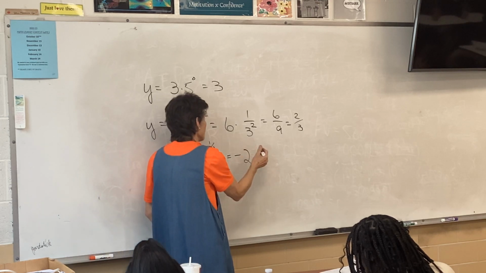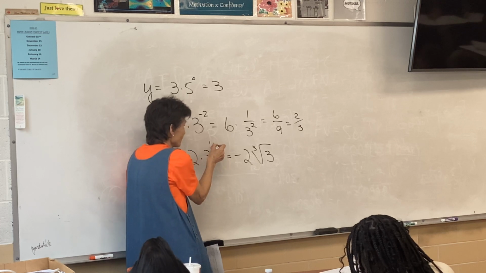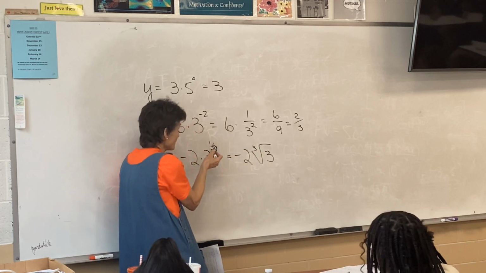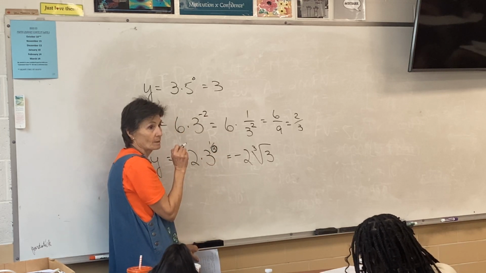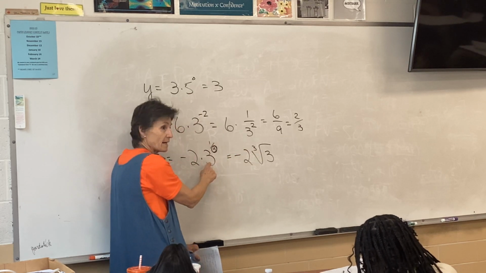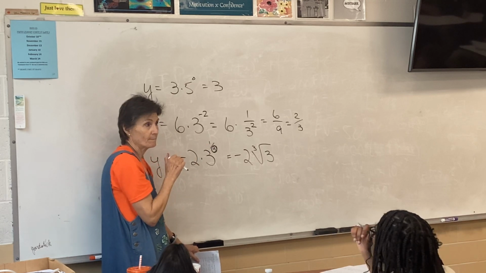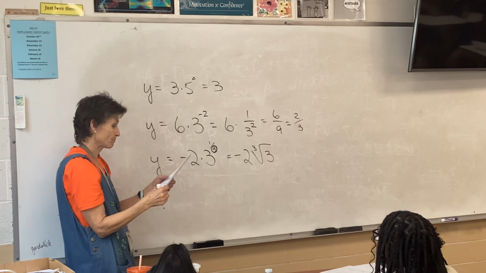And when you write the radical, the denominator of the fraction tells you what your root is. So if this were 1/2, it would be a square root. It's 1/3, so it's a cube root of that number. 1/4 would be a 4th root, and so on. So that's our answer. We can't really figure out what that is.